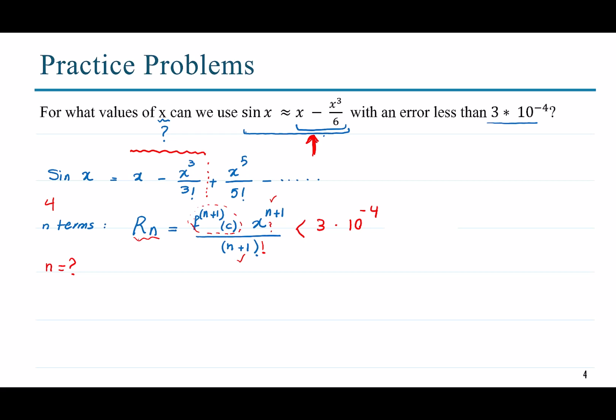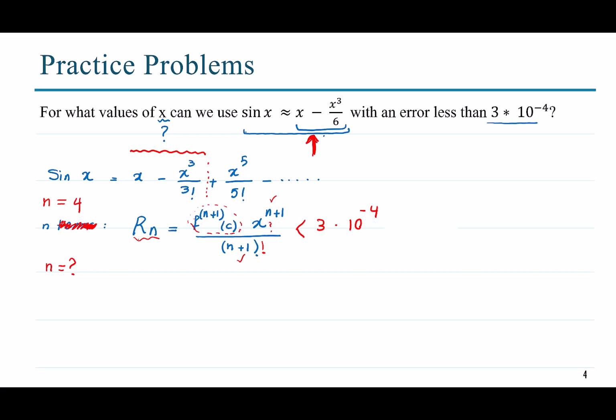This is not the number of terms. This is n, which means 5 terms. So n is equal to 4, and I'm using 5 terms actually. So n plus 1 terms. Anyways, my n, I figured it out. That means everything in here will be n plus 1.